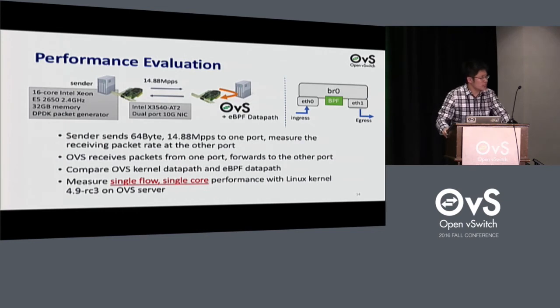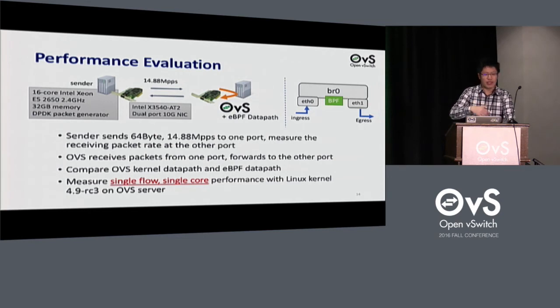Putting all these things together, parsing, lookup, and action execution, we are able to do some performance evaluation. We set up two machines. One is a sender, the other is the OVS server, which receives the packet and does the forwarding. We have two 10-gig NIC cards, each with dual ports. The sender keeps sending 64-byte packets at 14 million packets per second to the OVS server, and the OVS server gets the packet and forwards it to another port.